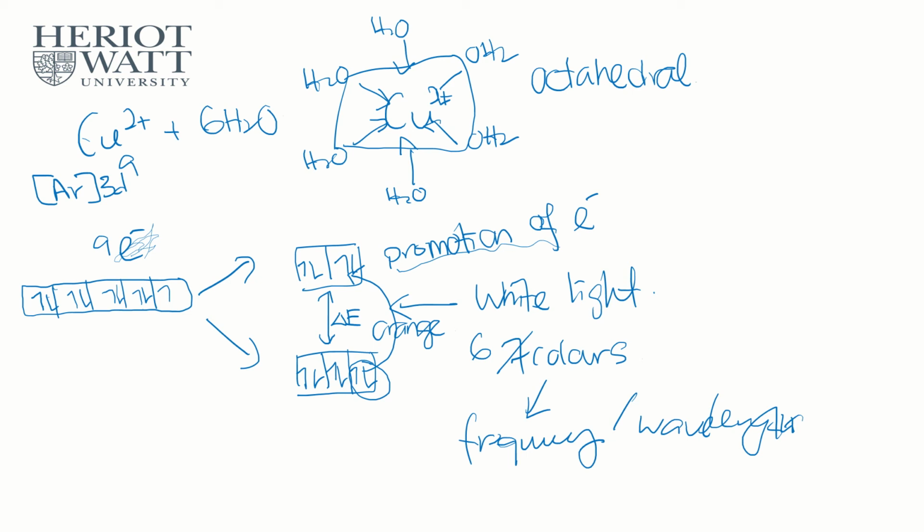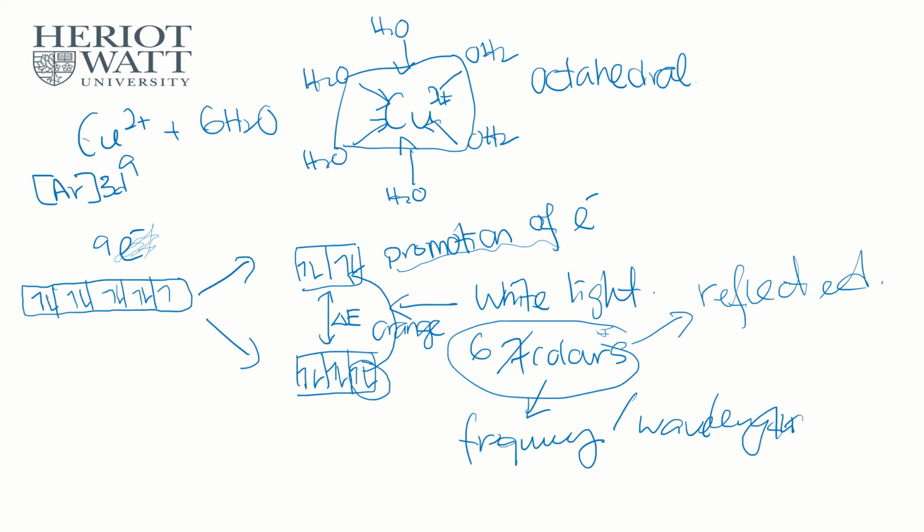All right, what about the other 6 colors that are not absorbed? The rest of the colors will be reflected. So these 6 colors will get reflected, and when they reflect it means we can see the color.